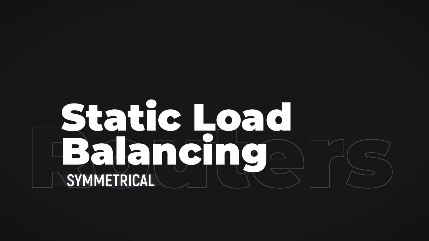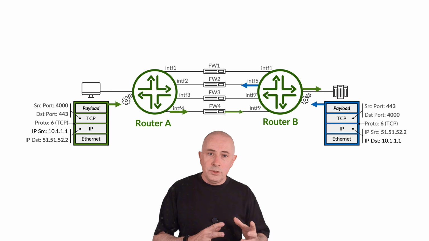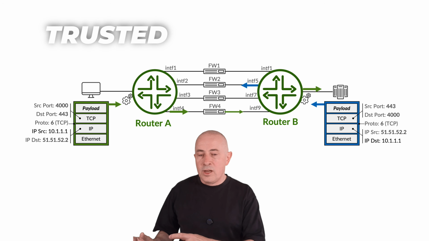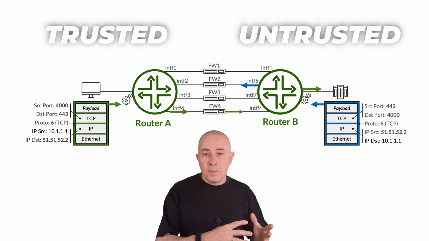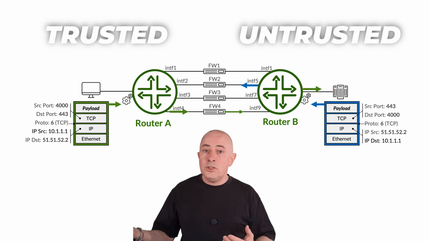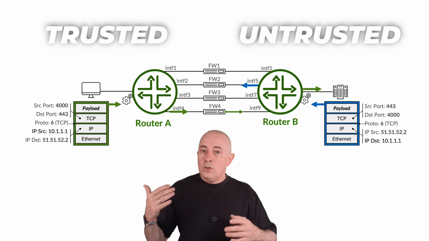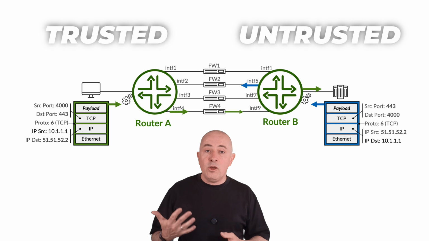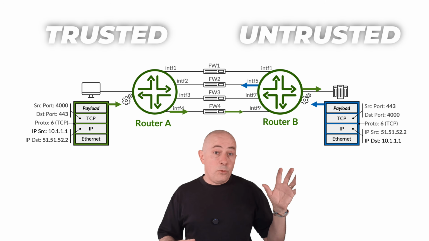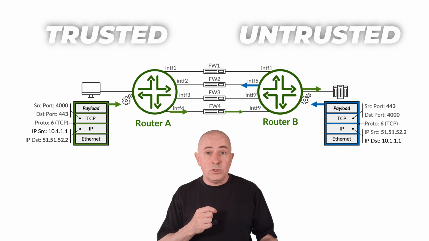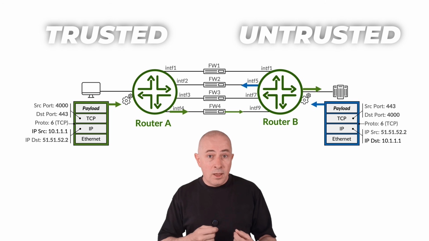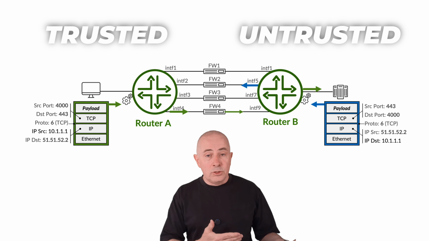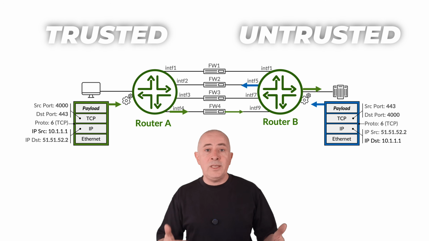Now let's take a different scenario with 2 zones, trusted on the left of the firewall, untrusted on the right. The host on the trusted zone sends a TCP packet to a server on the internet, and a state is created in firewall number 4. On the return path, we swap source and destination addresses and ports, and the packet is handled by the router where the load balancing process will be executed again.